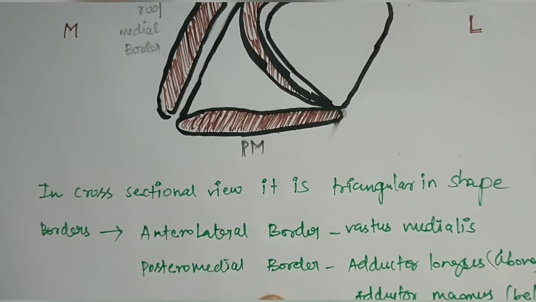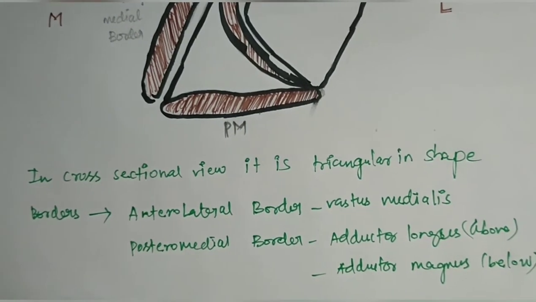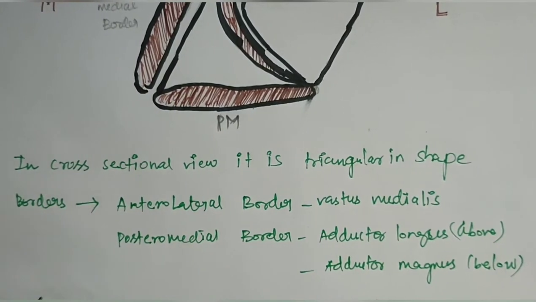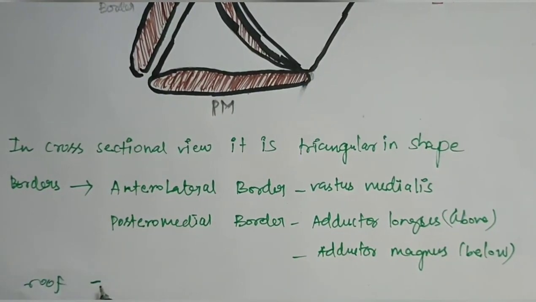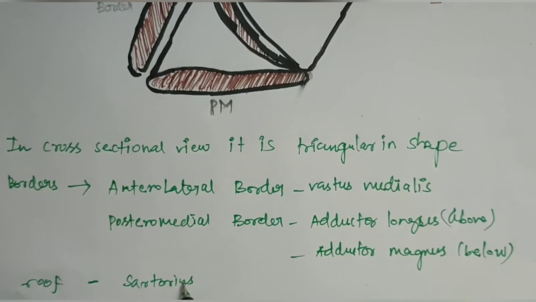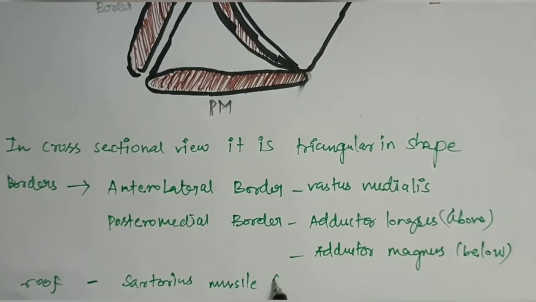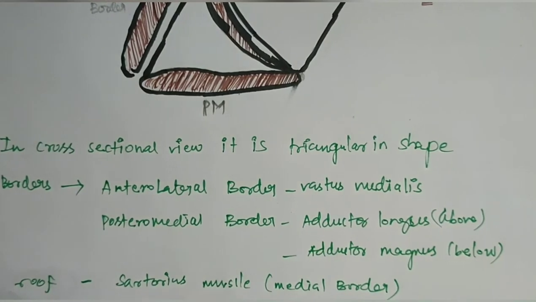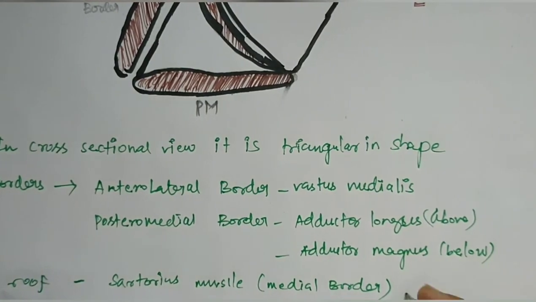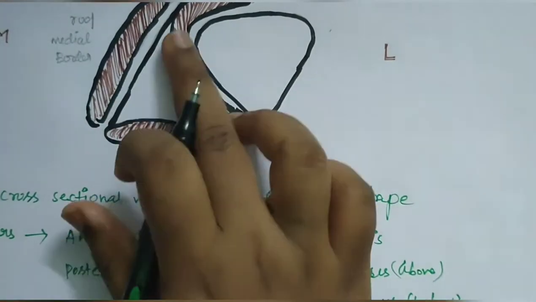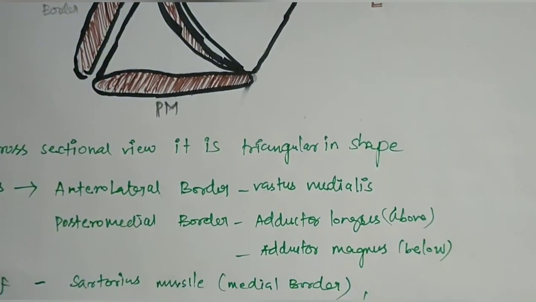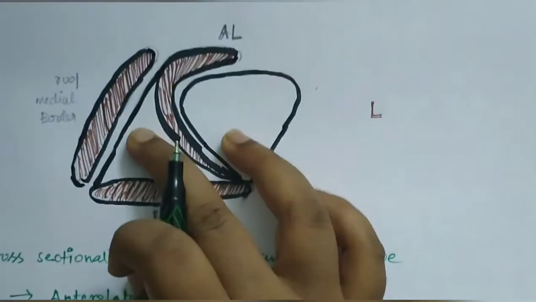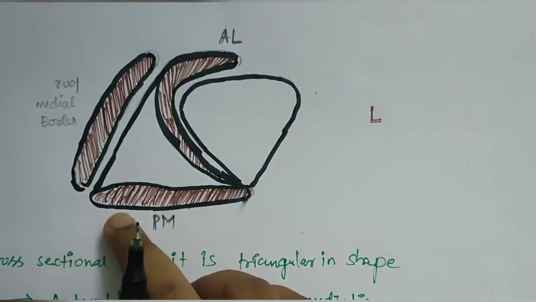And the roof, sartorius muscle, which also acts as the medial border. This fibrous sheet also acts as the roof. This fibrous sheet connects the anterolateral border and the posteromedial border.